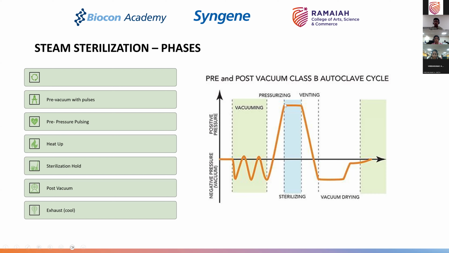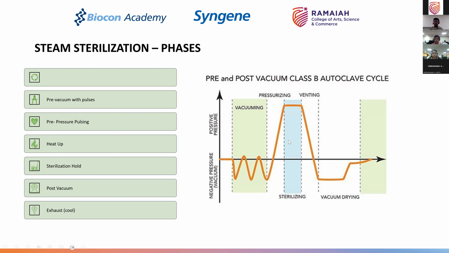Once you achieve 121 degrees centigrade, you allow the system to stabilize at 121 degrees centigrade and 1.2 bar pressure, and that's where your hold time starts. Remember, your sterilization for 10 to the power of minus 6 log was based on what? I will expose the microorganism at 121 degrees centigrade for 12 minutes, 15 minutes, whatever that is.